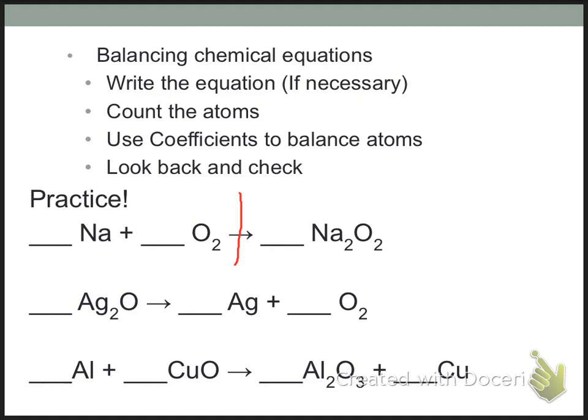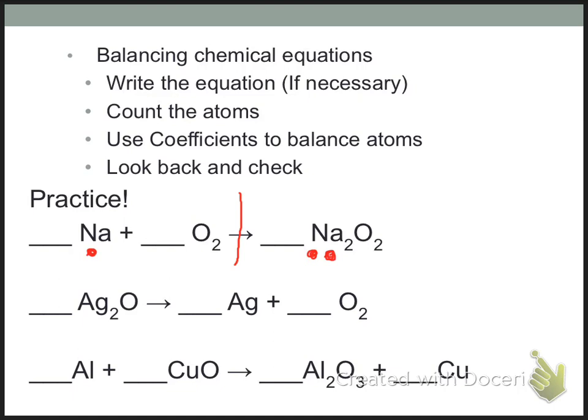So to count our atoms, we are going to start with the number of atoms on our left-hand side, and we have one sodium atom on the left-hand side, and we have two sodium atoms on the right-hand side.